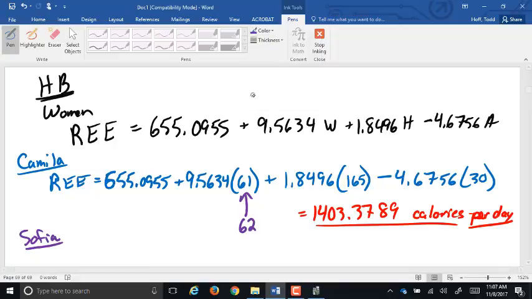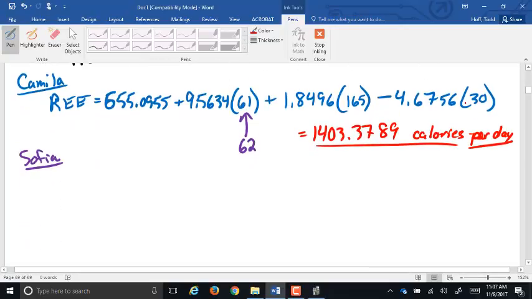Is increasing her weight going to decrease or increase her resting energy expenditure? Increase, because it was a positive relationship. Yes. It's going to increase it by how much? 1 kilogram is going to increase it by 9.5634 calories. So we just add that.